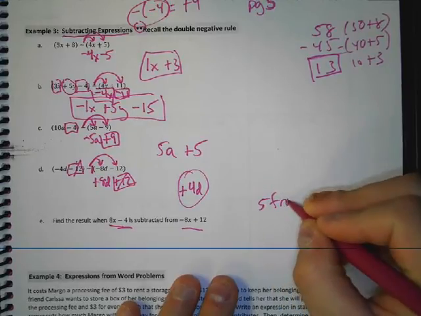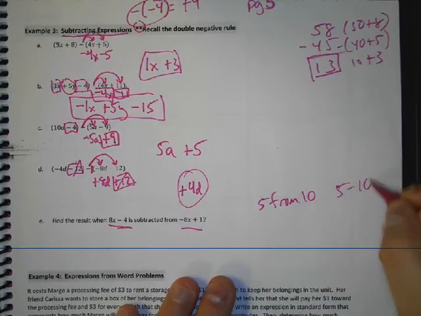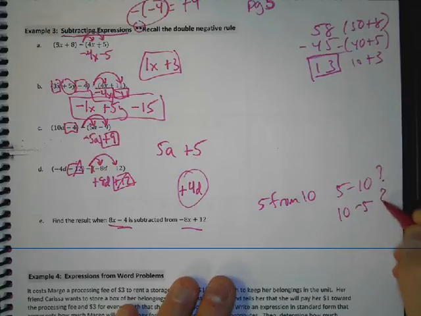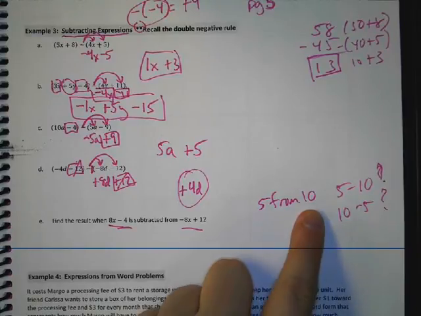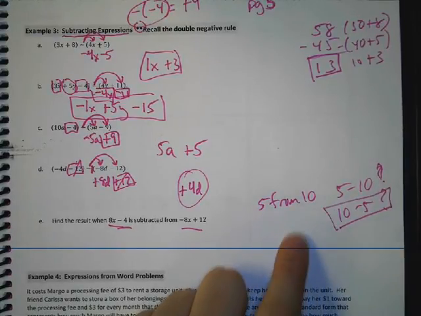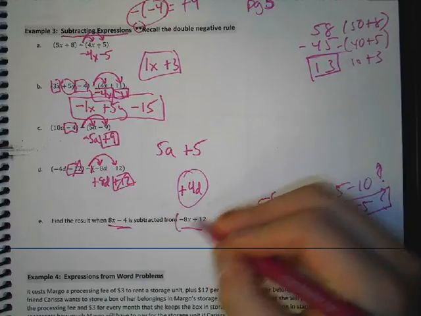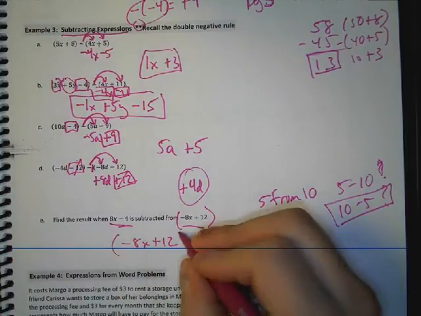Are you going to do 5 minus 10, or are you going to do 10 minus 5? That's the question you have to ask yourself. Typically, hopefully you're thinking 10 minus 5, because that means you're starting with the 10. Same thing with an expression. We're starting with negative 8x plus 12, and we're subtracting the expression 8x minus 4.